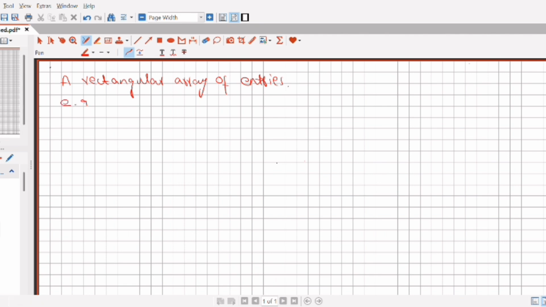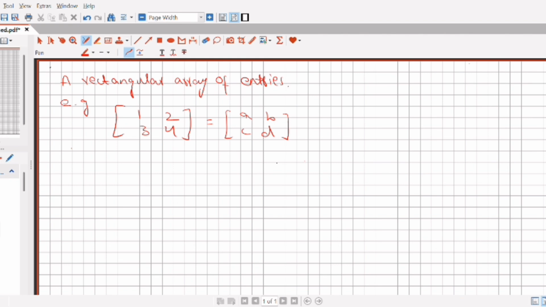For example, we write a matrix 1 2 3 4 as A, B, C, D. As you can see, 1, 2, 3, 4 are the numbers, and instead of these numbers we can use letters A, B, C, D in matrix form. Sometimes they are functions, sometimes you just name them, it doesn't matter what they are as long as you arrange them in a rectangular array, those entries then form a matrix.